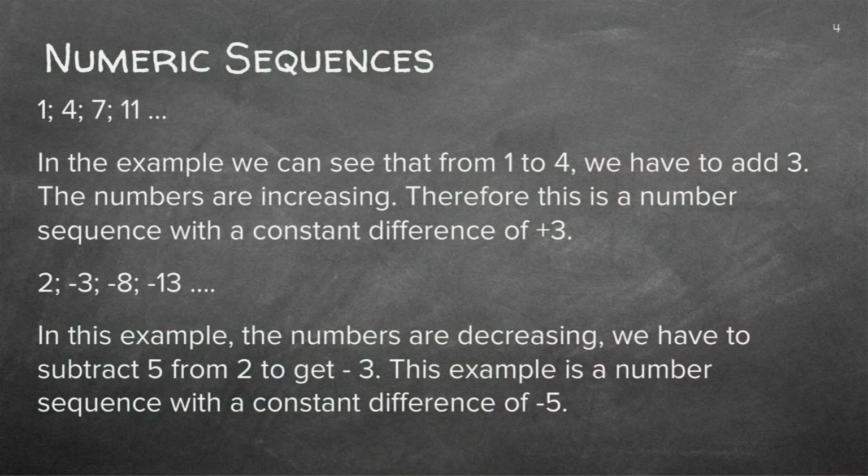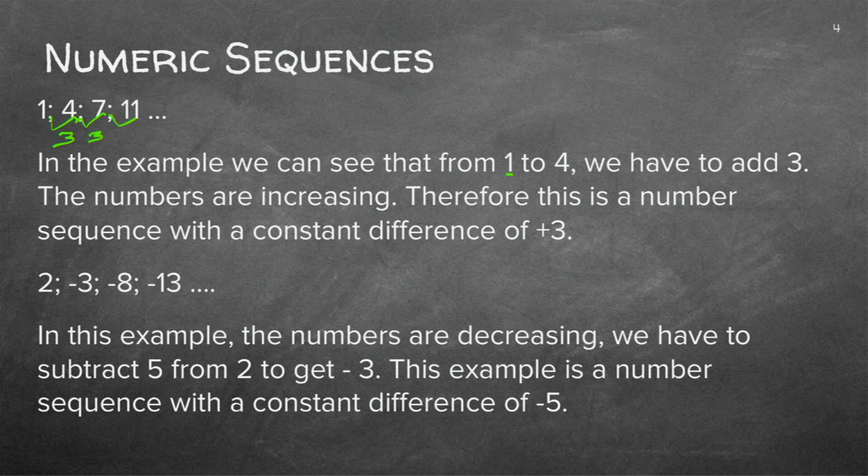Now, here we've got two examples of numeric sequences. There we've got a few numbers, 1, 4, 7, and 11. Now if we look at this sequence, we can see that from 1 to 4, we have a +3. And from 4 to 7, we've got a +3.